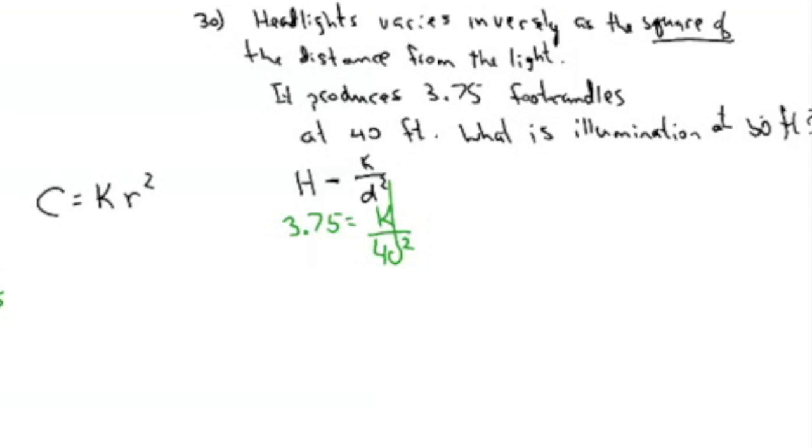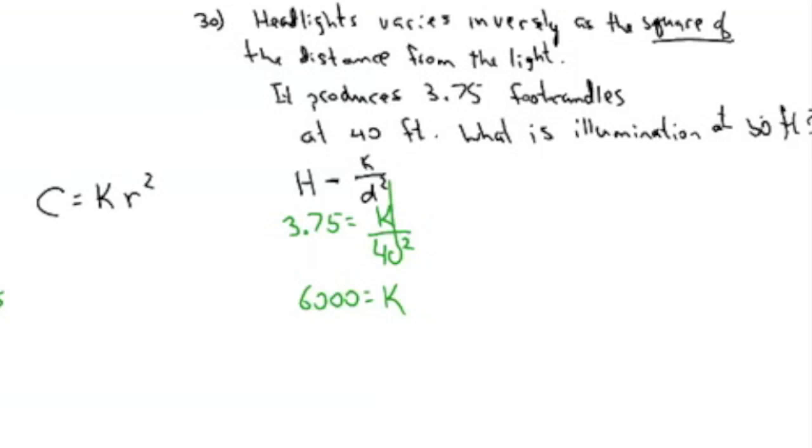You have to multiply both sides by the denominator, cross multiply, whatever. 1600 times 3.75 should come out nice. 6,000. So K, the constant of illumination, I guess you could call it, is 6,000.